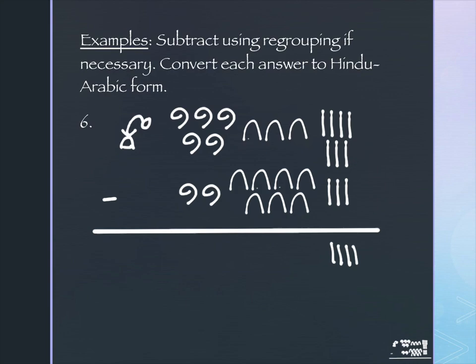But I run into a problem in the second one. How many heel bones are there in the top number? 3. And how many heel bones are there in the bottom number? 7. So I can't have 3 and take 7 away from it, right? That's not possible. So what we do is we do like we did on the last problem in reverse. I take one of my scrolls and I turn it into 10 heel bones.